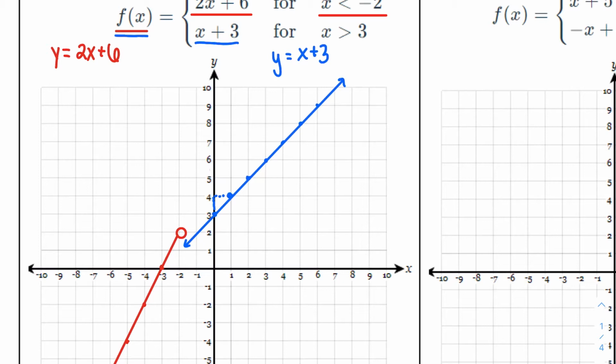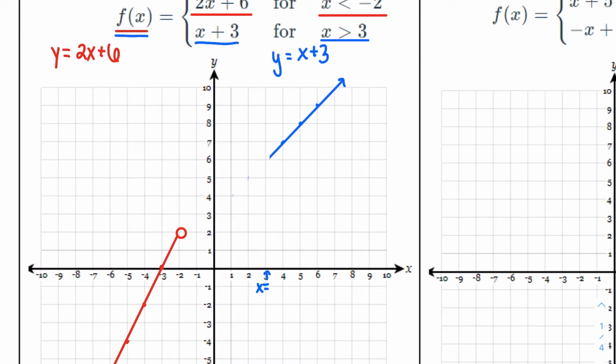But now we look at the back half, for when x is greater than 3. So x is equal to 3 here, so we go up and we are going to that point. And since it's greater than, it's got to be to the right of. So we're essentially going to erase all the way up to that point. Now again, open or closed circle?